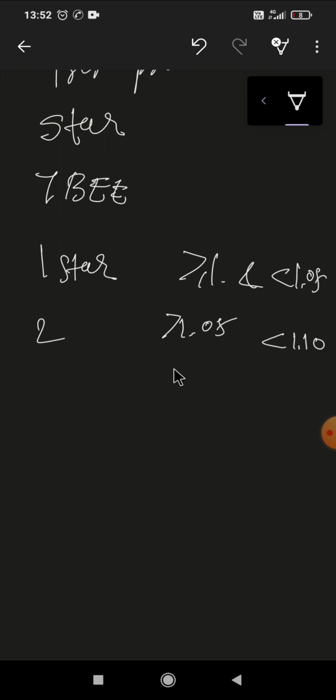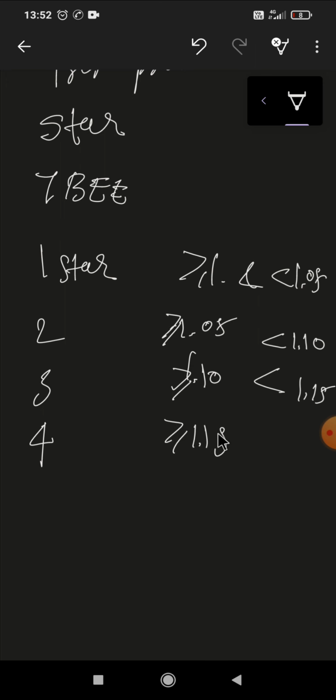If it is 3 star, it is greater than or equal to 1.10 but less than 1.15. If it is 4 star, then it is greater than or equal to 1.15 and less than 1.2. And if it is 5 star, it is greater than or equal to 1.2.